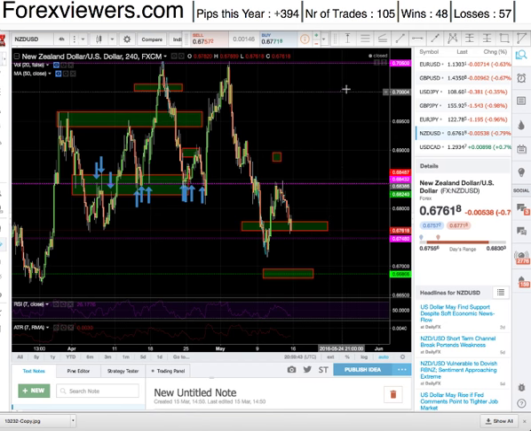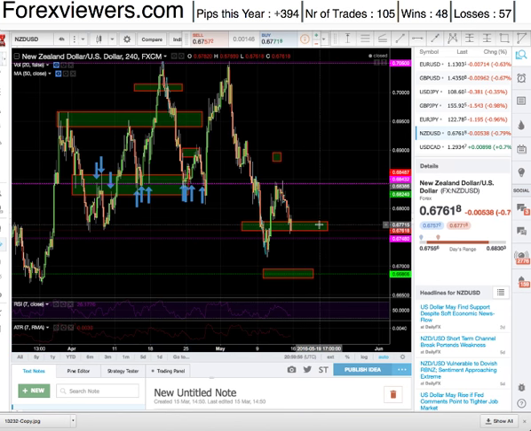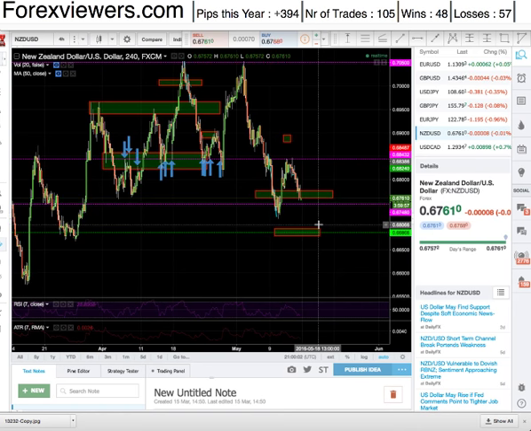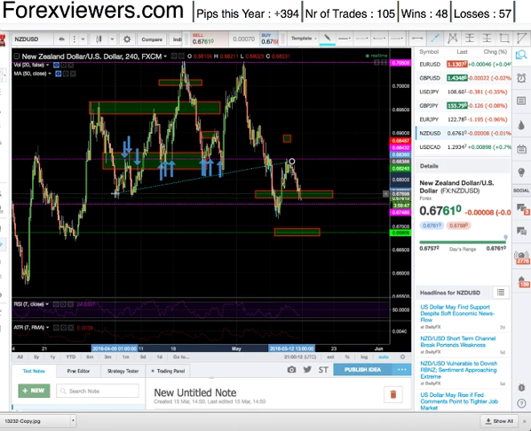So obviously we are currently at this box right here, which is representing these structure points right here, and this, if you can see this. So looking for a long wouldn't be out of the question. I do believe we can go lower. We've broken all these points right here.